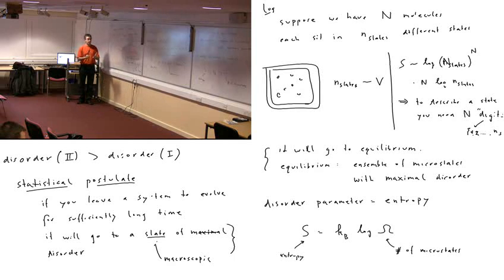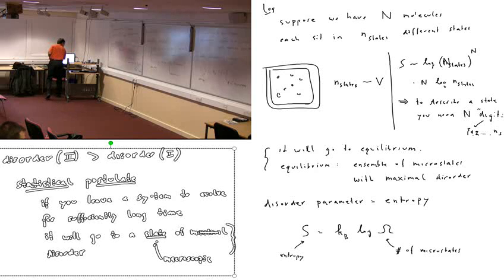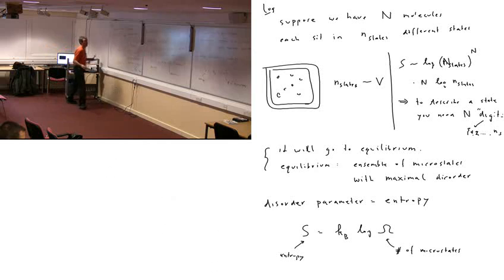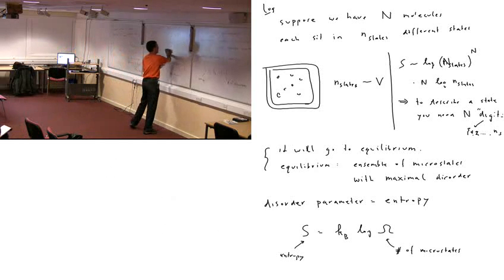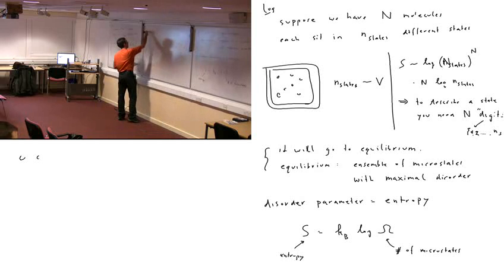Right, so think about a two-state system. Suppose I have molecules which can only be in 2 different states, say spin up and spin down. So I have a number of them: this one is spin up, this one spin up, this one spin down, this one spin up.